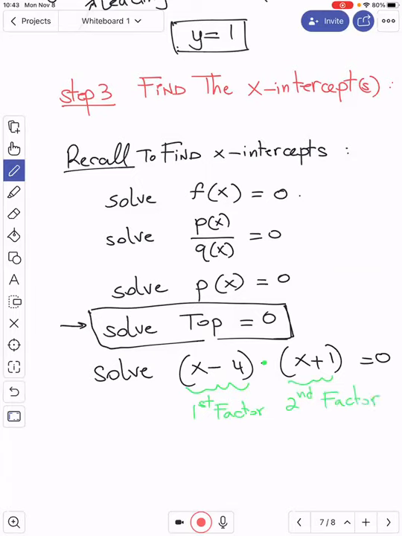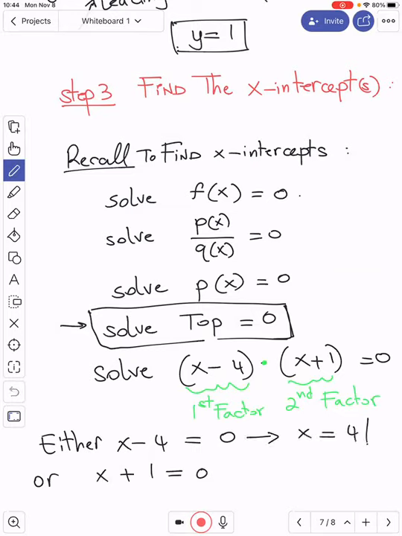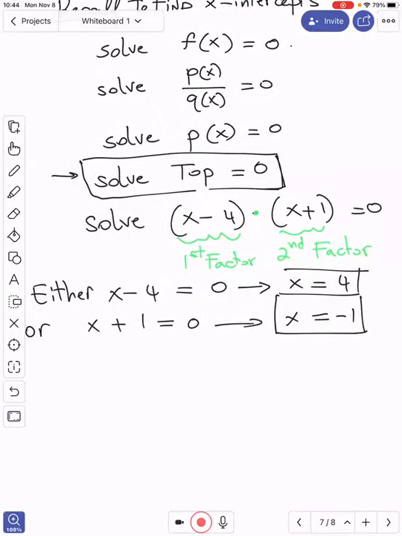Because it's a product equal to 0, either the first factor is 0, so either x minus 4 is 0, or x plus 1 is 0. If x minus 4 is 0, then x is positive 4. If x plus 1 is 0, then x is negative 1. So we got two x-intercepts.